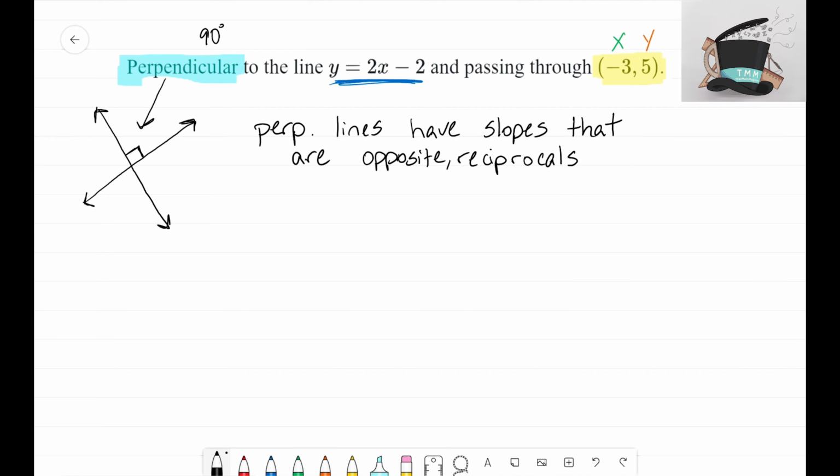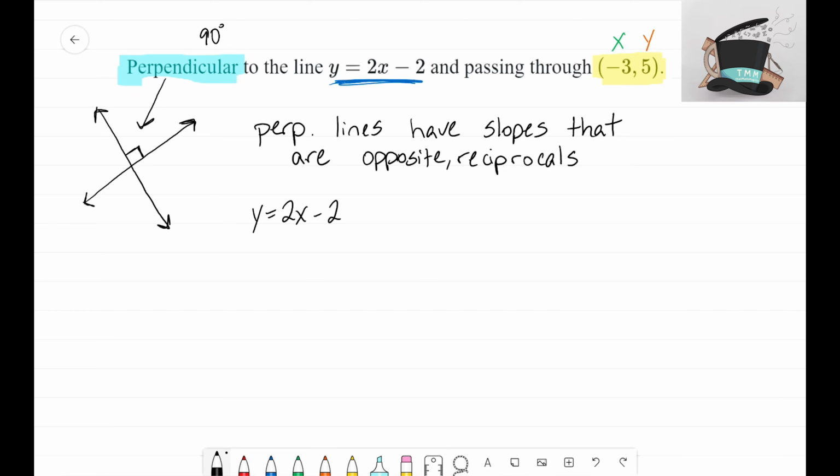So let's work through this problem. I'm given the equation y = 2x - 2, and I want to find a line that's perpendicular to this line. From the definition of perpendicular lines, I know their slopes are opposite reciprocals.